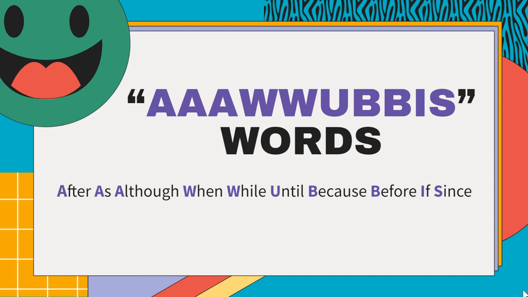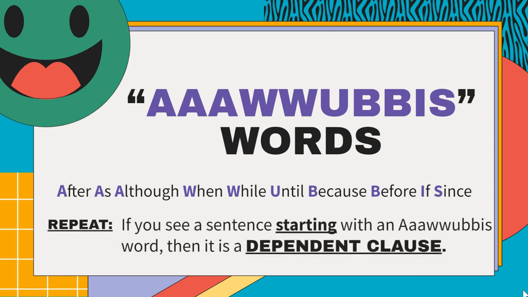You're going to get used to seeing them in writing and in reading. So these are my awubis words. And here's what I want you to remember. If you see a sentence that starts with an awubis word, it's a dependent clause. So awubis words begin a dependent clause.